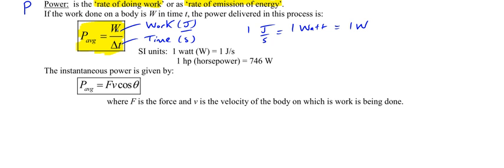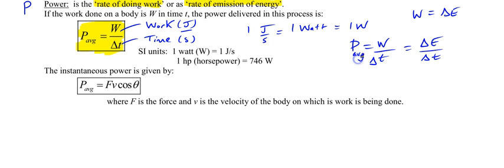So power can be written not only as work over time, but since work is a change in energy, it can be rewritten as the change in energy divided by the time. This gives you what is known as the average power. Now, if the device is working at the same rate over that entire period, then it's finding the power for the entire period.